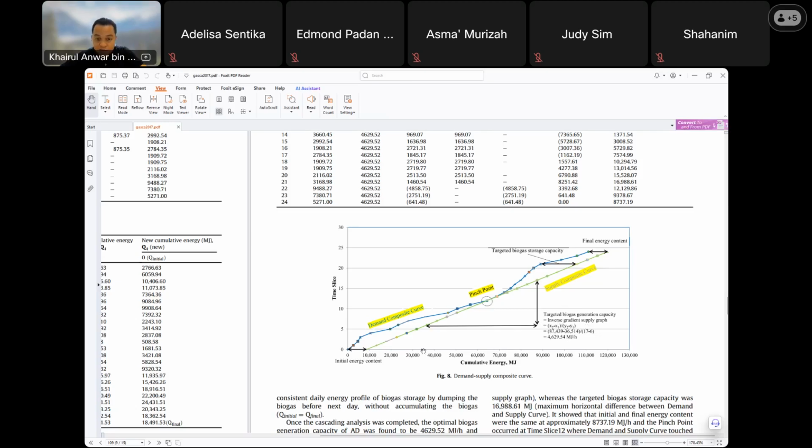Yeah. So how you get this composite curve? You already determined the value here, 737. So you create a line tangent to the demand composite curve until it's in line with the demand composite curve. So this value and this value should be similar.